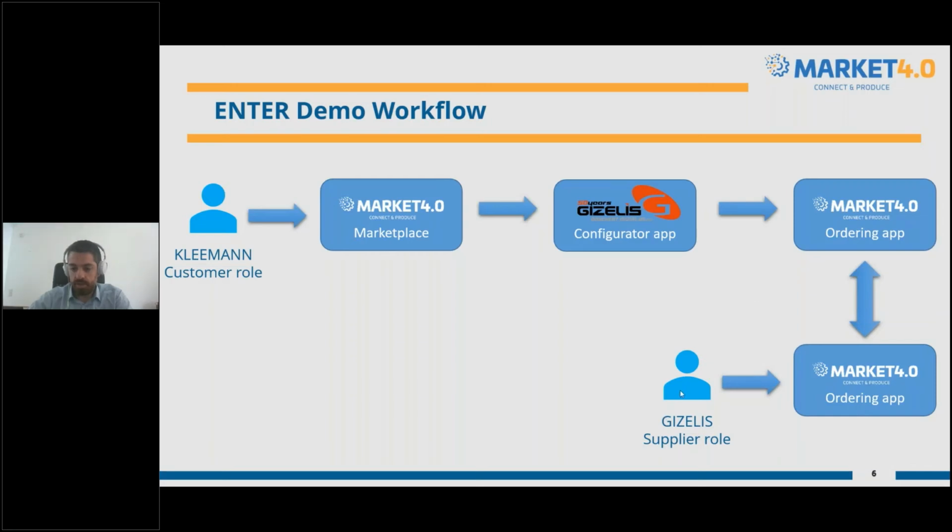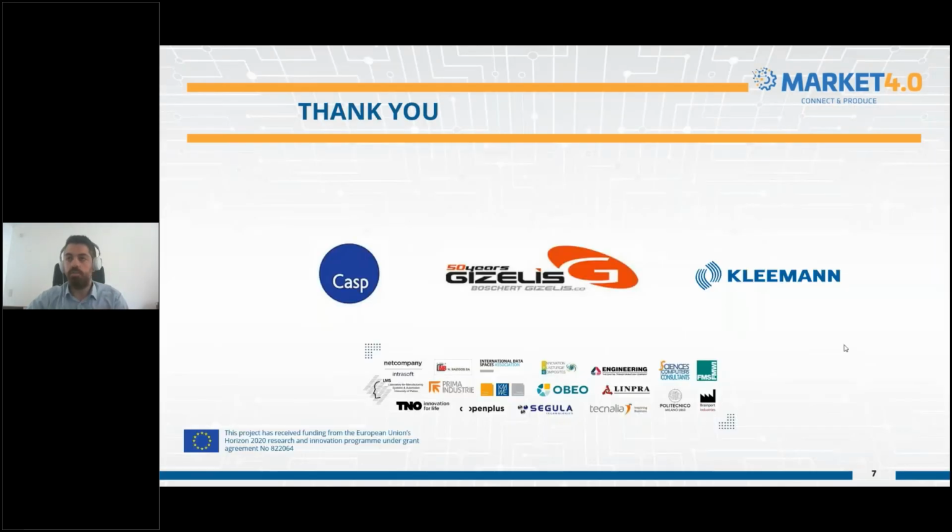On the other side, and this we will not see on screen, the supplier will be connected, and we will process the request for quotation that we will make through the ordering app, and we will get back a response, and we will see it on screen.